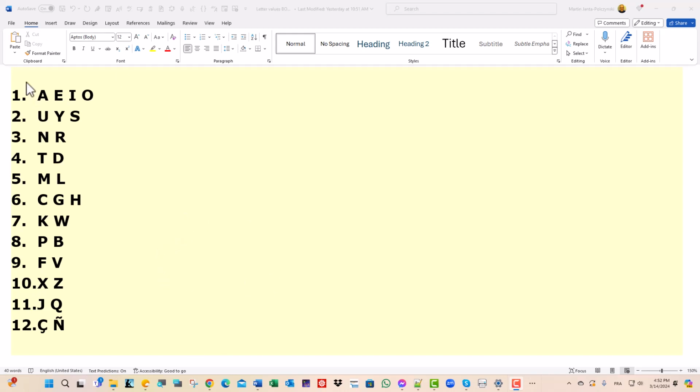You see that the cheapest ones are the common vowels, and then U and Y are worth 2, and S of plural is also worth 2. And then you see the groups of letters by frequency up to X and Z, which are worth 10, and J and Q, which are worth 11. 12 needs some explanation. There is the C cedilla that is used in French and in Portuguese and in Catalan, and we have the N tilde of Spanish.